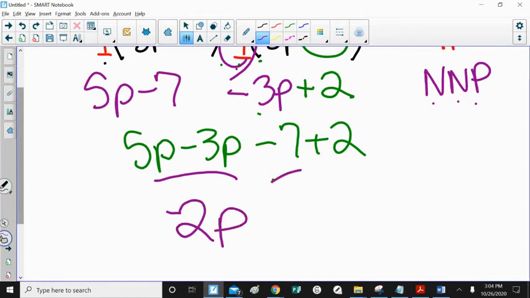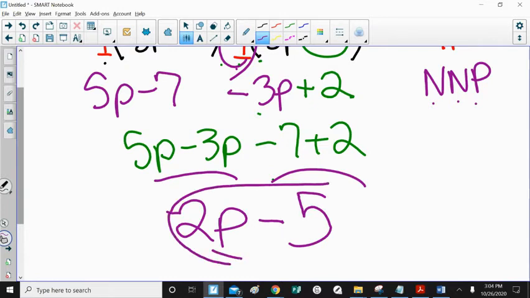I'm going to combine my constants and figure out their net value, negative 5. So when I subtract the two linear expressions, I'm left with 2p minus 5.